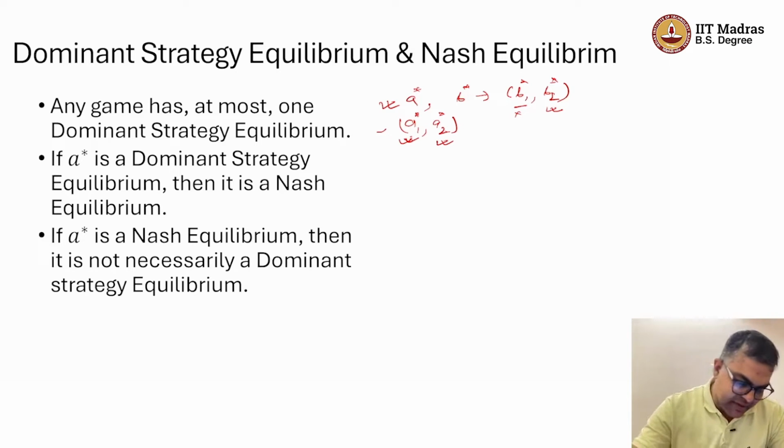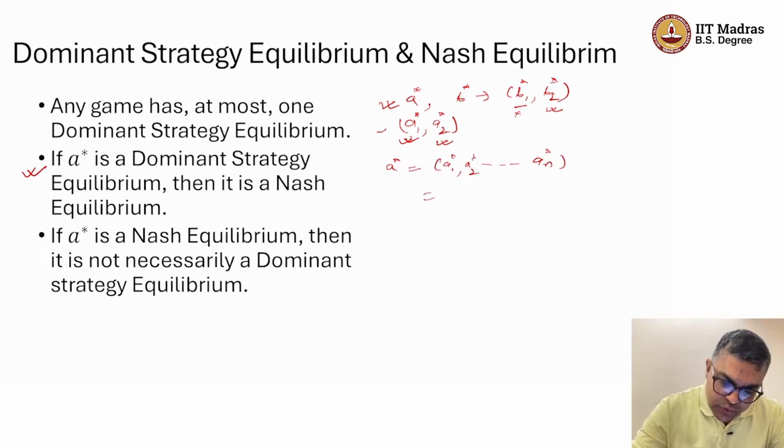Now the next thing is that if A star is a dominant strategy equilibrium, then it is a Nash equilibrium. A star can be written in many ways: A1 star, A2 star to An star, or it can also be written with respect to player i, Ai star and A minus i star.